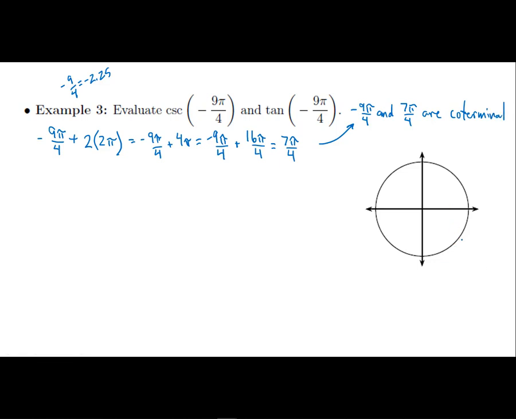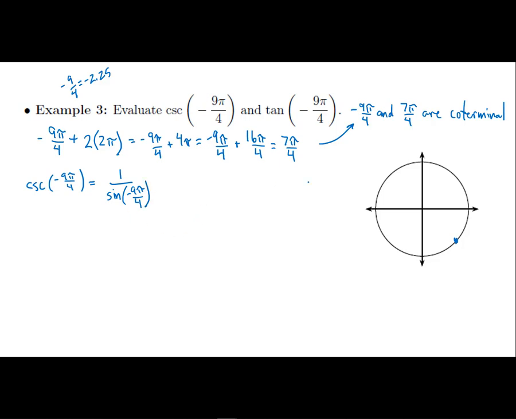Now I know 7 pi over 4 is right here on the unit circle because 8 pi over 4 would be 2 pi, and then let's just back off one of those, or 1 pi over 4, to get to this spot, and that gives you 7 pi over 4. All right, so let's take a look at the cosecant here. So first I'll note that the cosecant of negative 9 pi over 4 is exactly the same as 1 over the sine of negative 9 pi over 4.